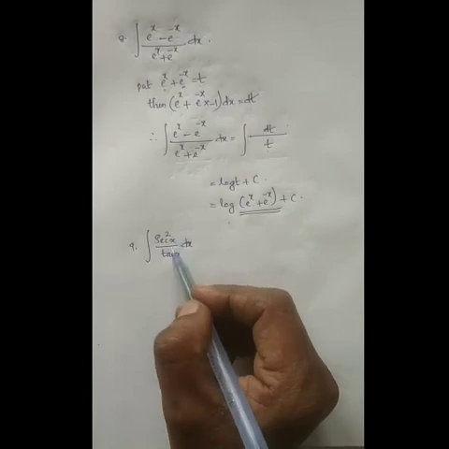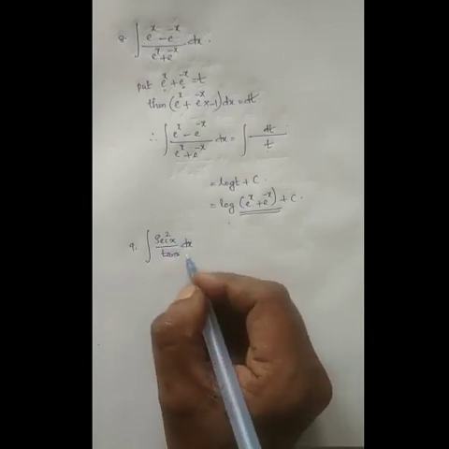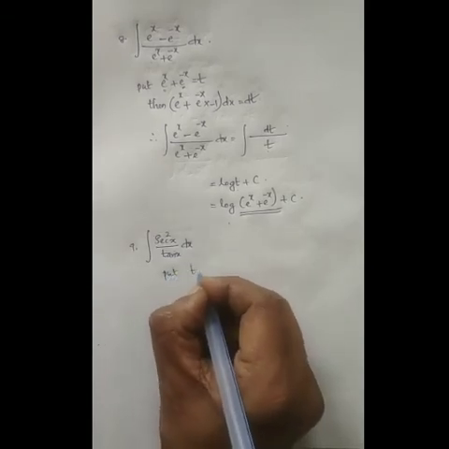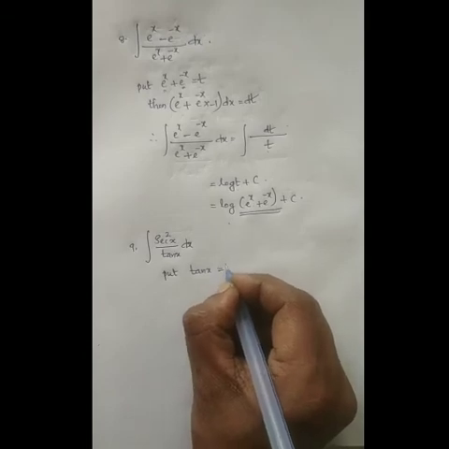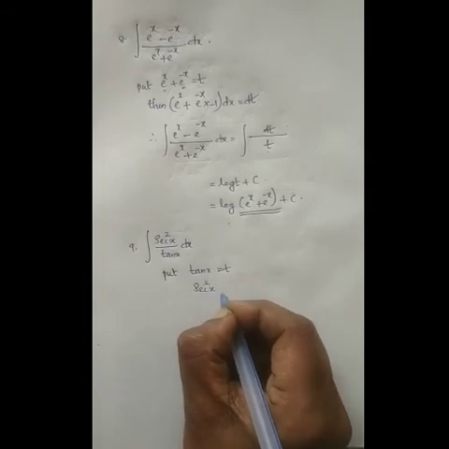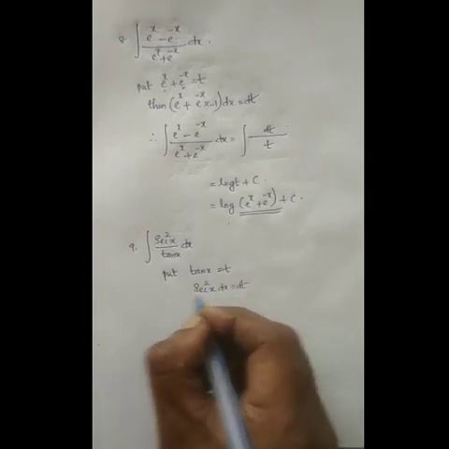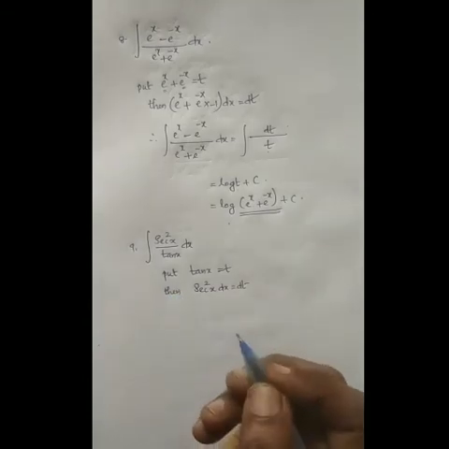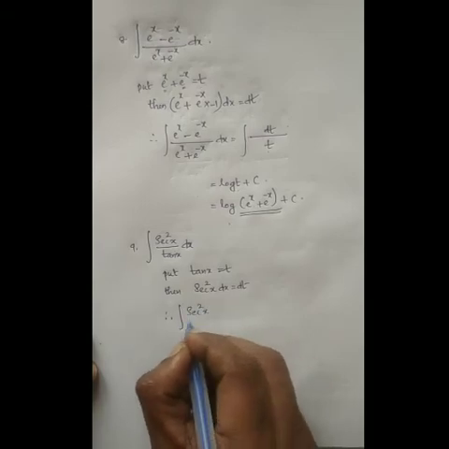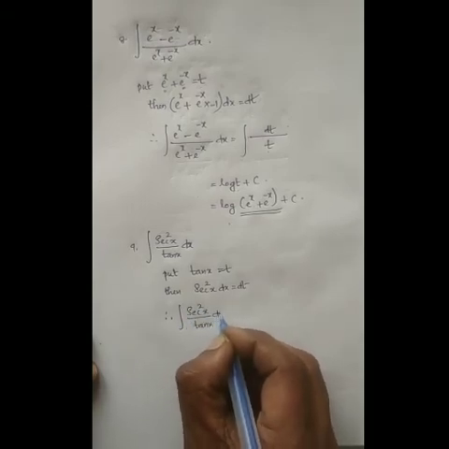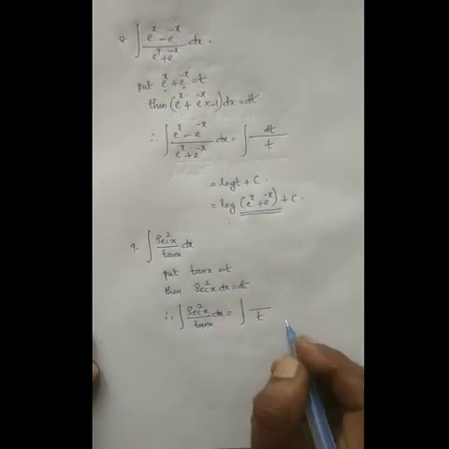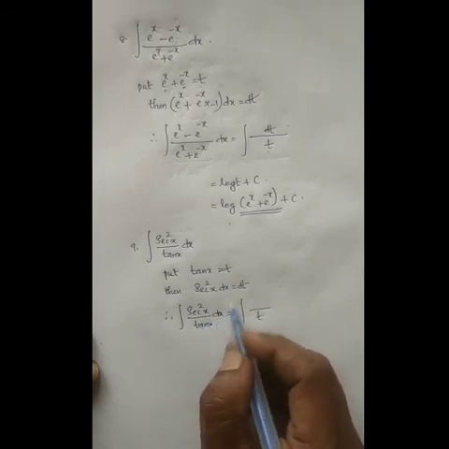Another one, integral of sec square x by tan x into dx. It's also an example of the previous type. So, put tan x equal to t. Differentiating, we get differential of tan x is sec square x dx equal to dt. Therefore, integral of sec square x divided by tan x into dx is equal to integral of tan x is t, and sec square x into dx can be written as dt.